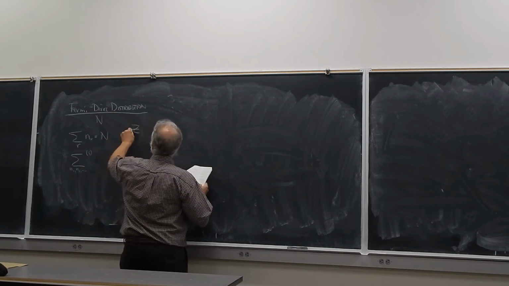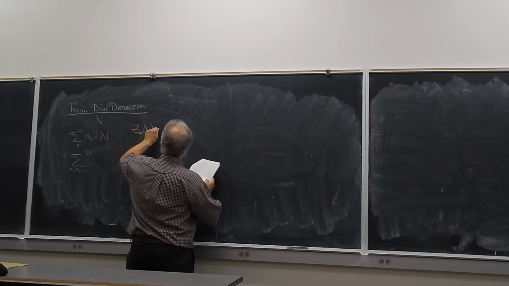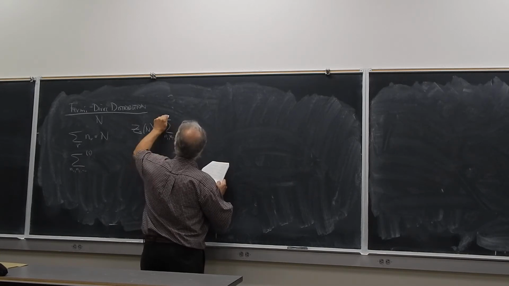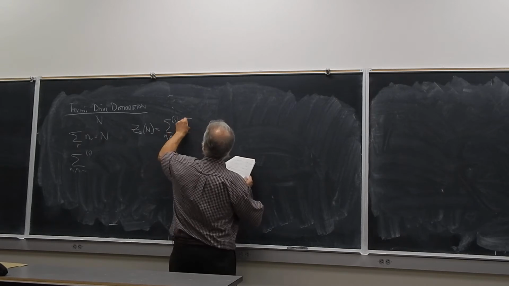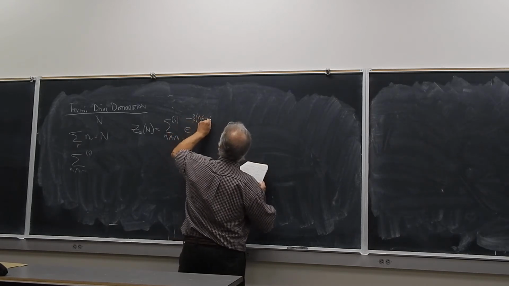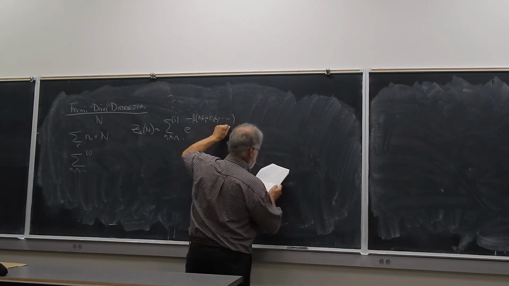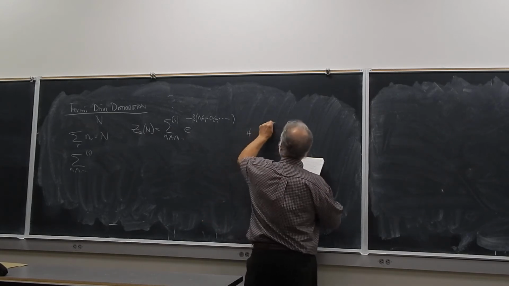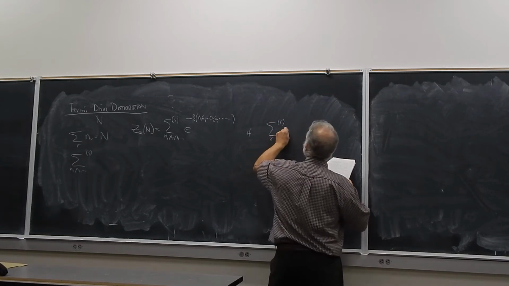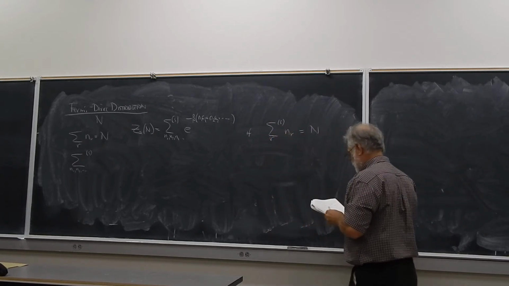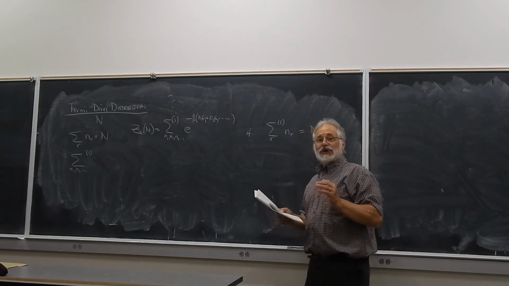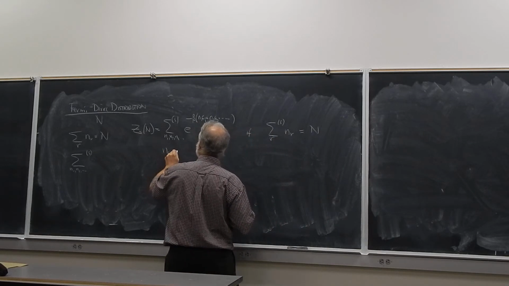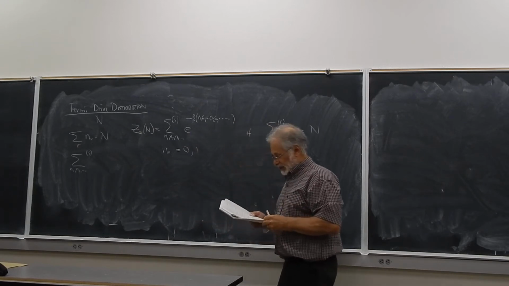So I can write the term Z sub S of N as the sum over all states except S of e to the minus beta (N1 E1 + N2 E2 + etc.), if I know that the sum over all states N sub R is equal to N. Now, since we're using Fermi-Dirac statistics, we know that N sub S, the number of particles in state S, is either 0 or 1. 1 is the upper limit.